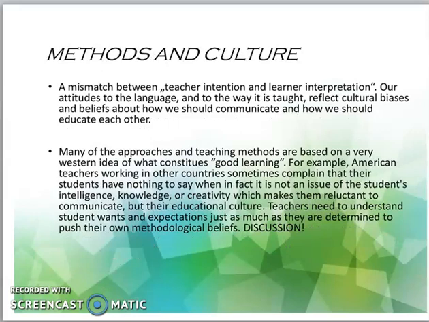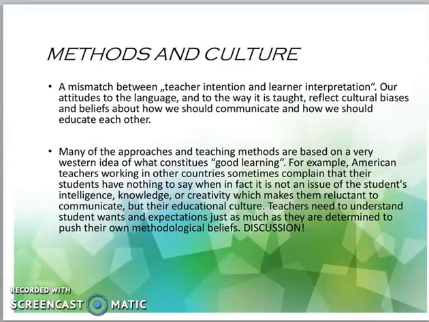Methods and culture: a mismatch between teacher intention and learner interpretation. Our attitudes to the language and to the way it is taught reflect cultural biases and beliefs about how we should communicate and how we should educate each other. Many of the approaches and teaching methods are based on a very Western idea of what constitutes good learning.